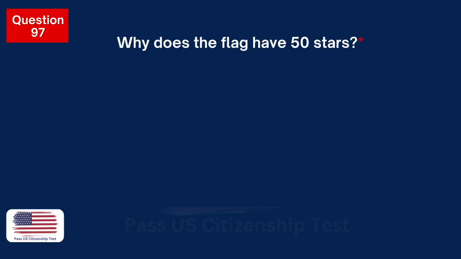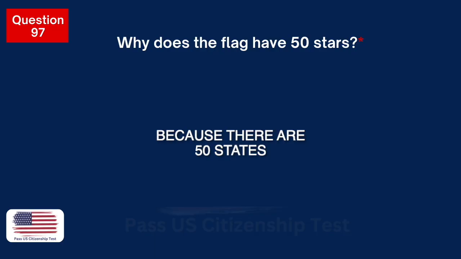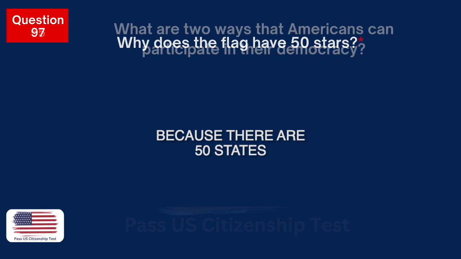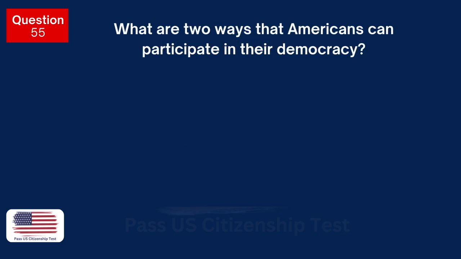Why does the flag have 50 stars? Because there are 50 states. What are 2 ways that Americans can participate in their democracy? Vote. Join a political party.